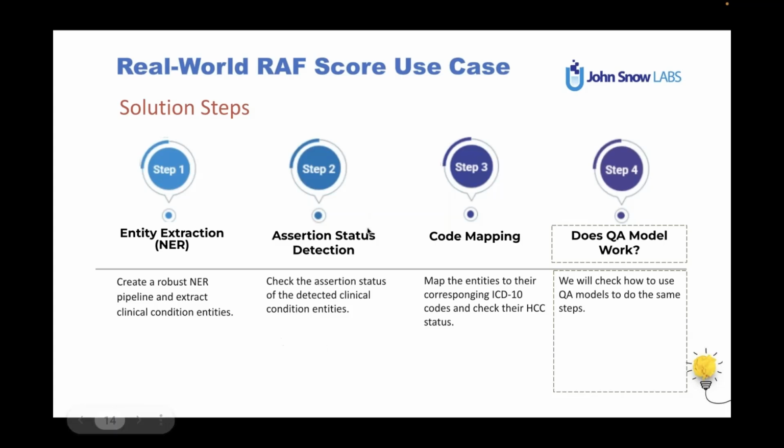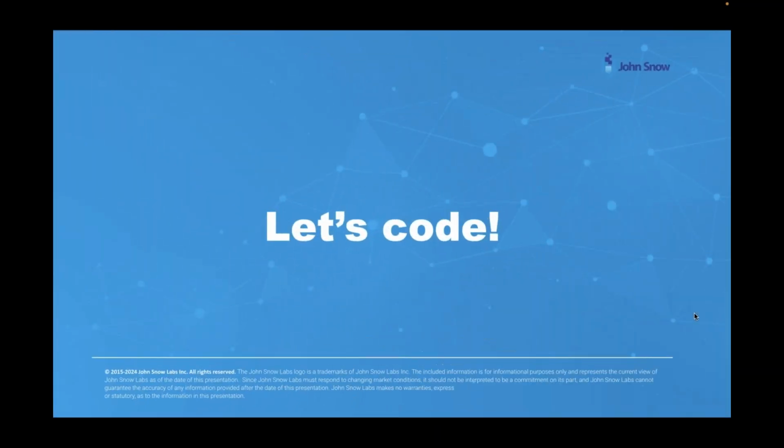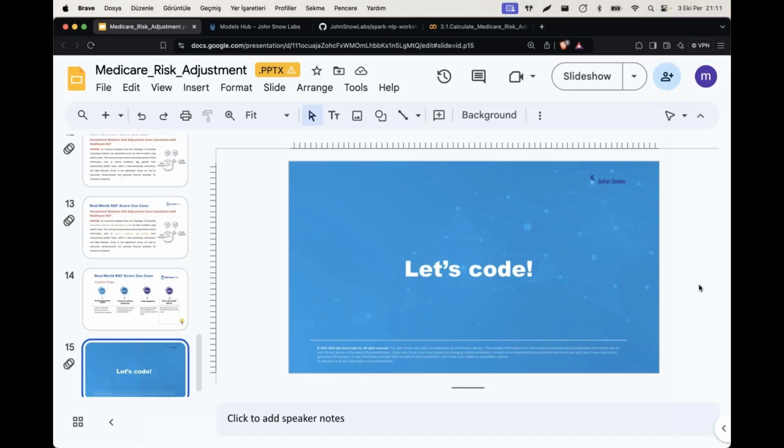And this is why we need the assertion models in this process. After extracting the entities, we check the assertion status. Then we map them to their corresponding ICD-10 codes to calculate the HCC scores. Also, I will try to show how you can leverage the Q&A models in this process for obtaining some of the missing information.